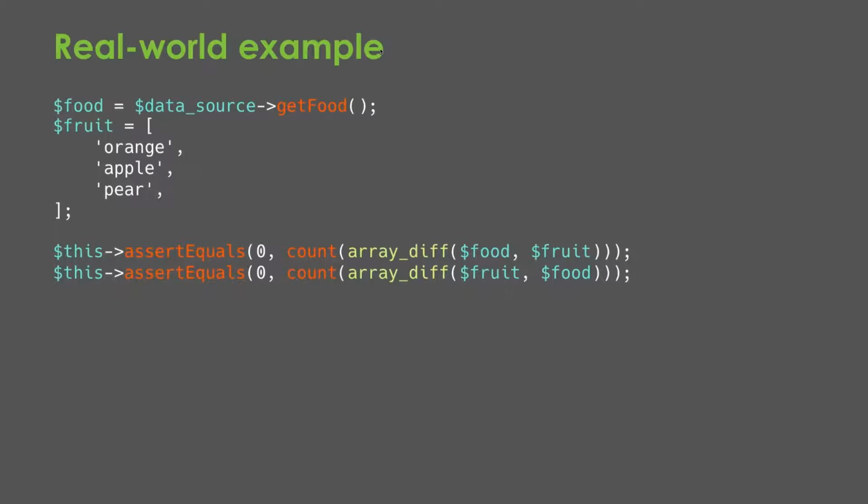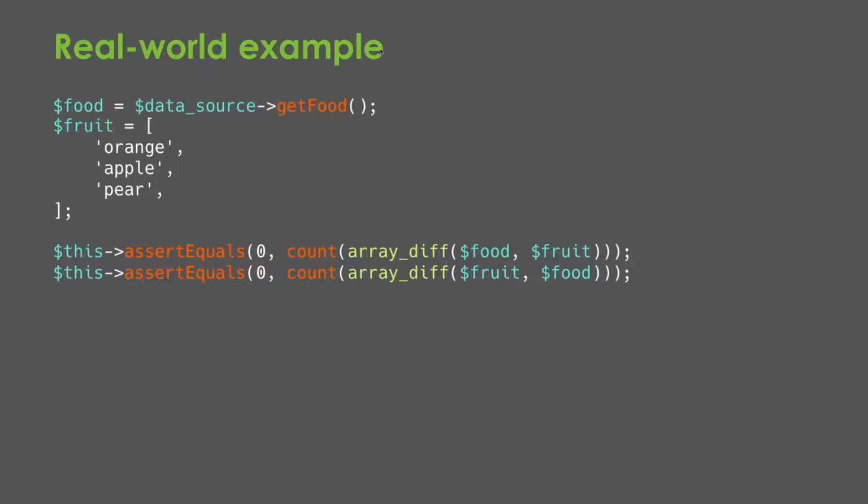So here's a real-world example which I'm using with very kind permission of the author. And this comes from a blog post where the author was having difficulty with a fragile test. And as you can see, there's a data source object which is returning an array of items with its getFood method.